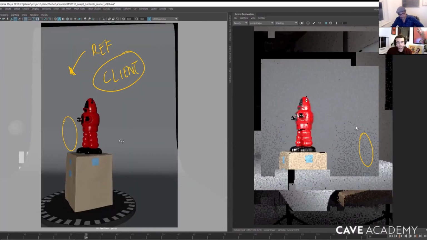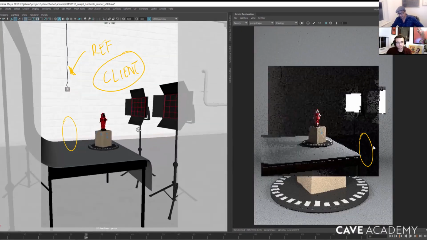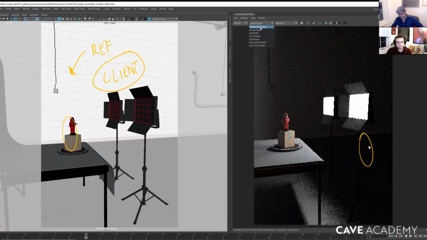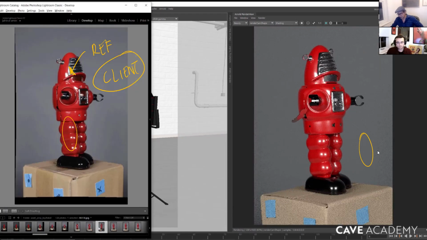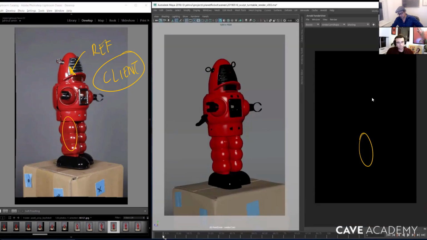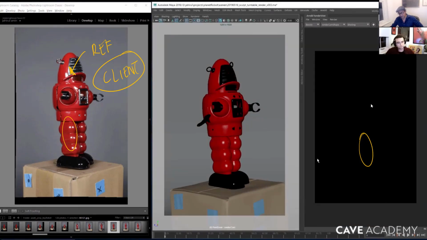And it could just be that your lighting doesn't line up. Or they might see there's too much red in the asset, and it could be because you haven't graded your data correctly. So the more you can match the reference, the easier it's going to be to sell your work, because that's what you're trying to do as an artist.